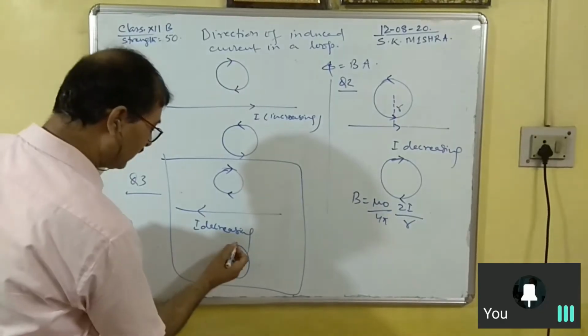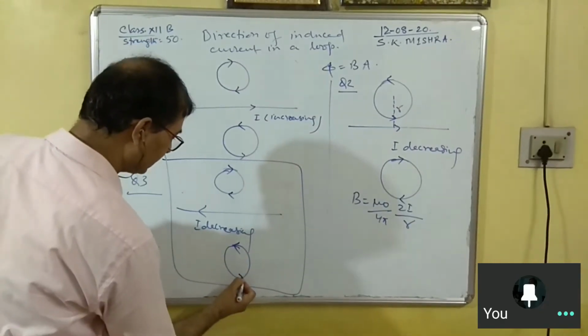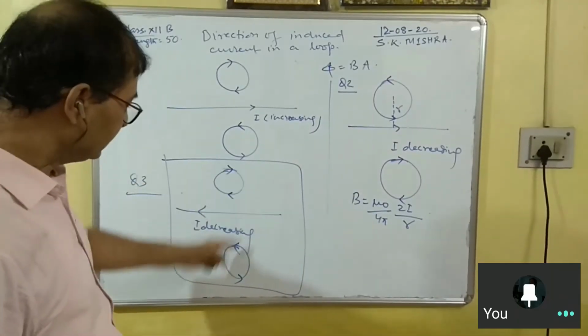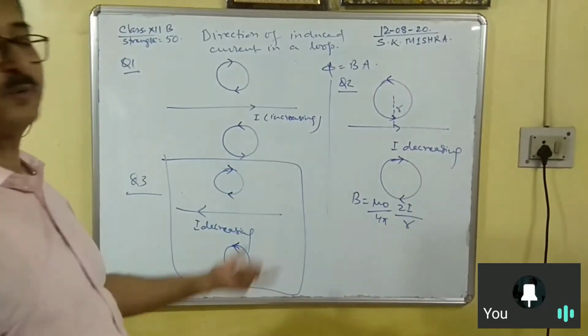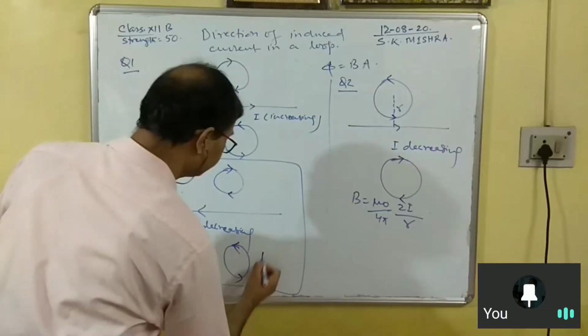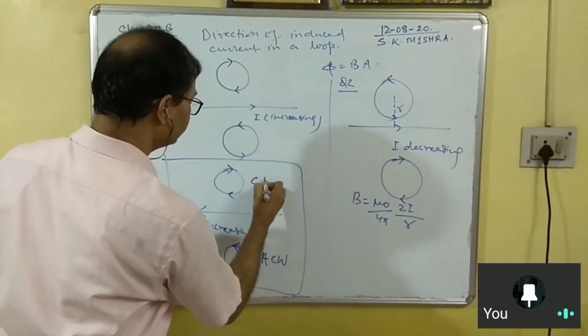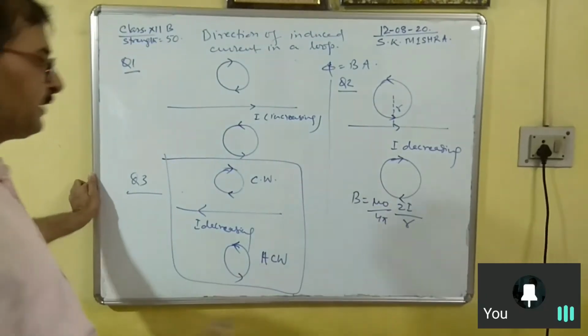And here also in the same direction. So in the upper loop it is clockwise, in the lower loop it is anti-clockwise, ACW. And here it is clockwise. This way you can do.